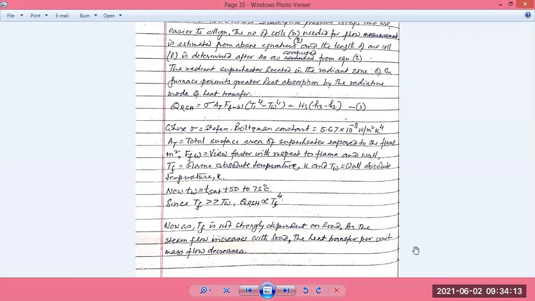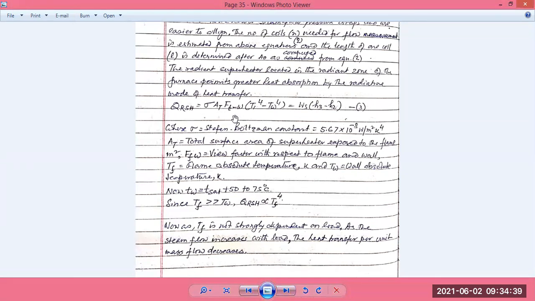So what we have: sigma is the Stefan-Boltzmann constant, A_T is the total surface area of the superheater, and F_TW is the view factor, and the heat transferred is proportional to temperature T_F to the power 4 minus T_W to the power 4.